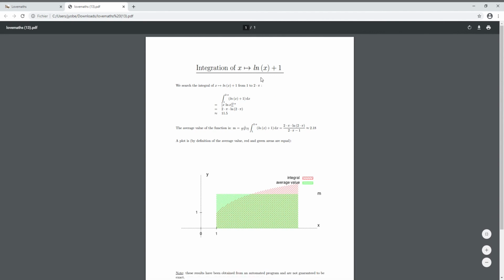Here I can see that I asked for the integration of log x plus 1 from 1 to 2 pi, and that the result is 2 pi log 2 pi, and approximated value is 11.5. The average value of the function on the interval is also calculated.